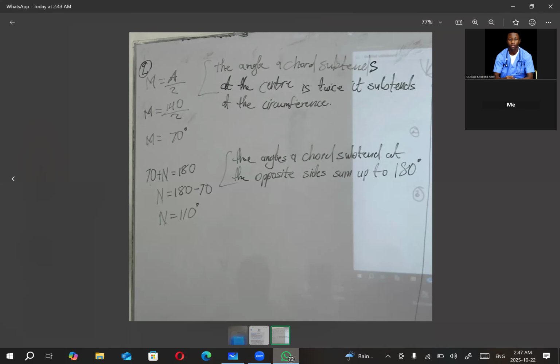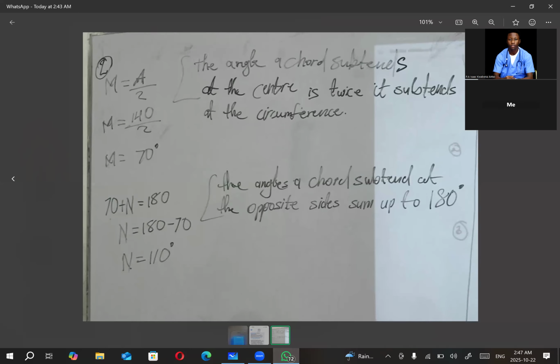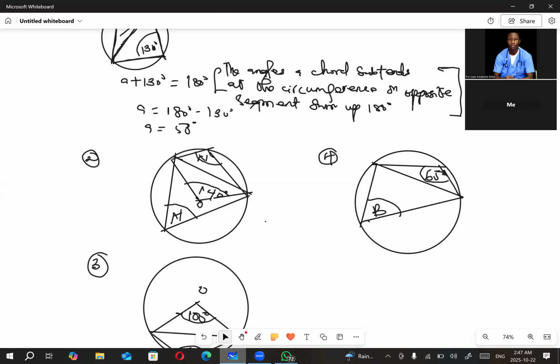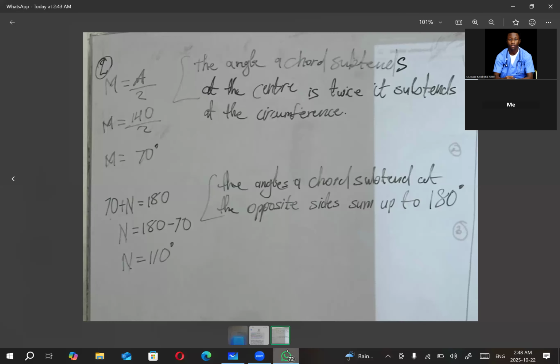Where is A? So I use A to represent the 140. Where is A in the question? There's no A in the question. So the A you indicated there, would you be at the examiner's office to explain yourself?